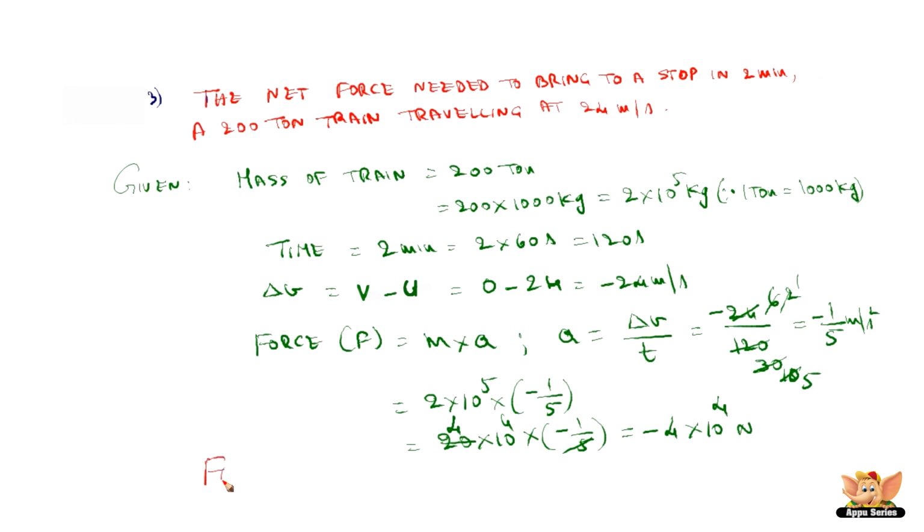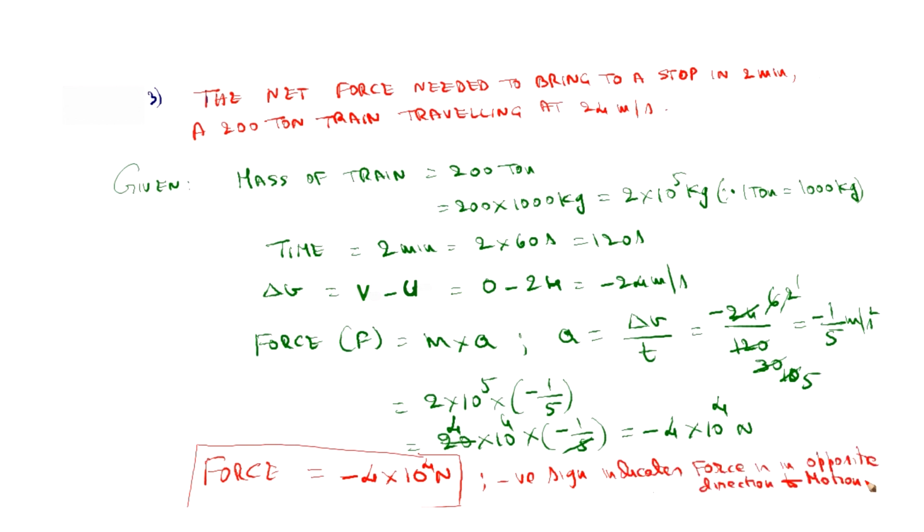So the force required to stop the train in 2 minutes is minus 4 into 10 to the power 4 newtons. And the negative sign here indicates the force is in the opposite direction of motion.